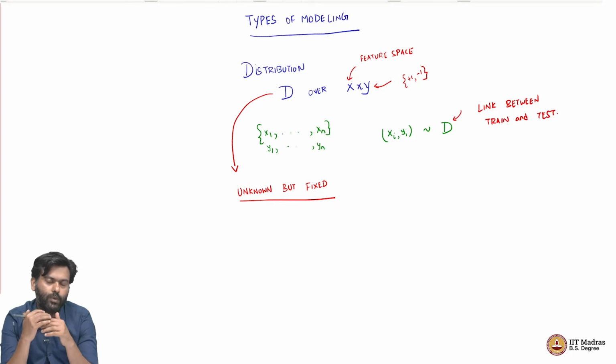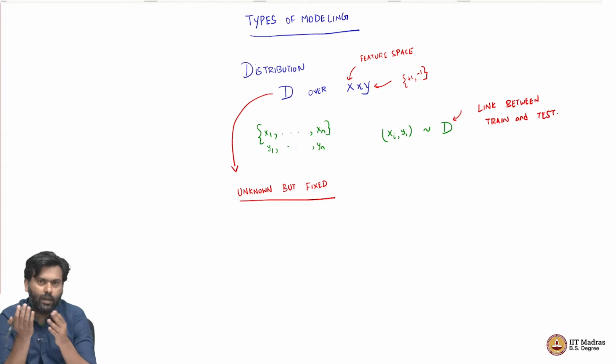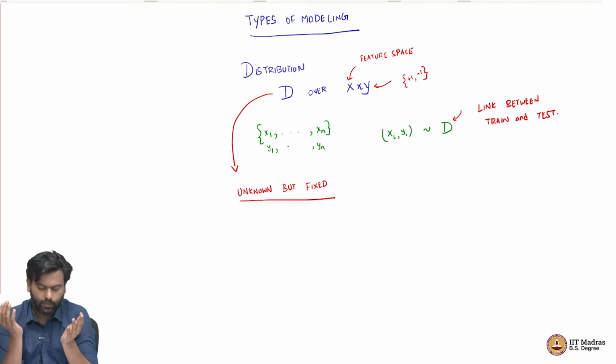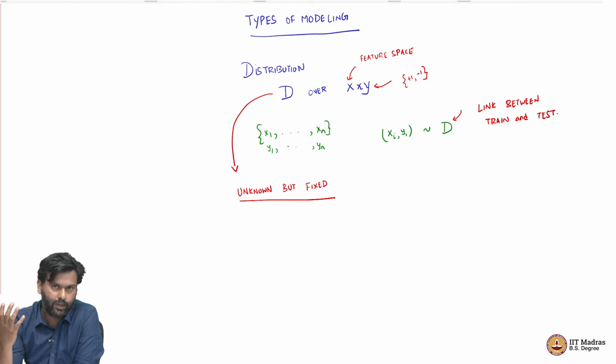So, every algorithm is going to somehow cater to the assumption that we are making about D, and that will lead us to different sorts of algorithms. Now, what kind of assumptions can we make on this underlying distribution D? We know it is unknown, we know it is fixed, right. So, this is a common assumption number 1 which we are making. In addition to this, can we make some more structural assumptions on the distribution D itself?